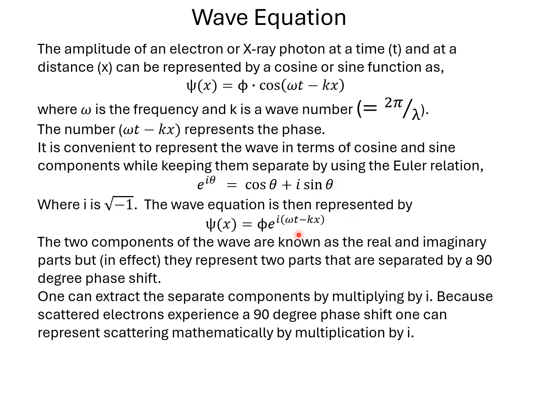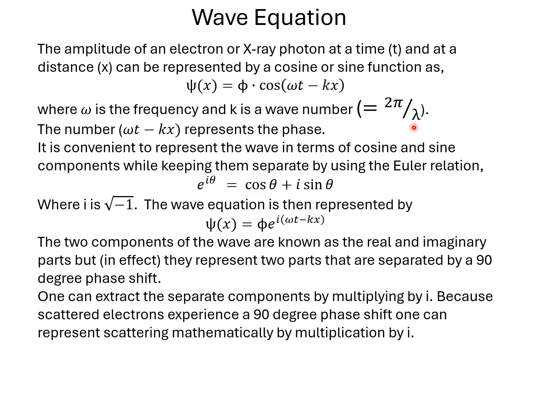Now, from an academic point of view, the phase, if you like, is some function of the frequency times time, and the distance times some value here, which is a measure of the wavelength or the phase of the wave, and that is 2 pi over lambda.